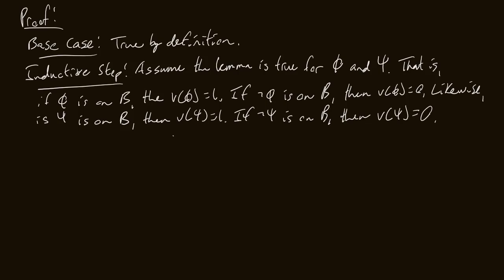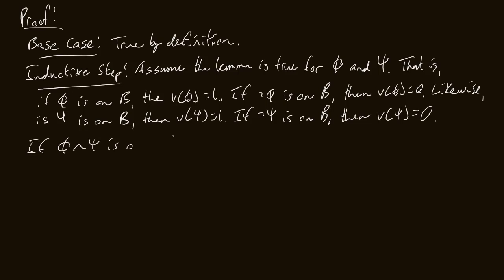We are assuming that. Now what we want to do is show that if phi and psi is on B, the valuation of it will be 1. And then we want to show that if not phi and psi is on B, the valuation of it will be 0.